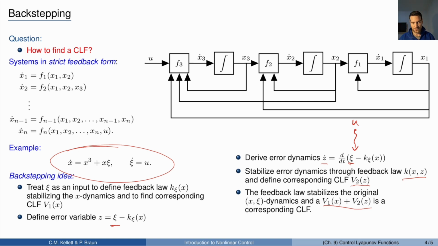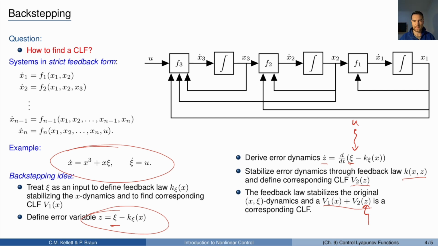And now this would be a control Lyapunov function in the variables x and z, but z can be replaced through psi again through this coordinate transformation here on the left. So I hope I could convey the idea here of backstepping, but as I've said, it is worth it to go through these steps by hand yourself to practice it.